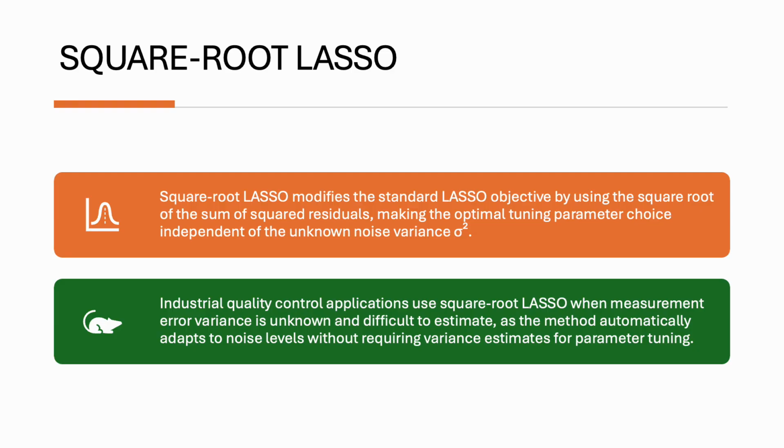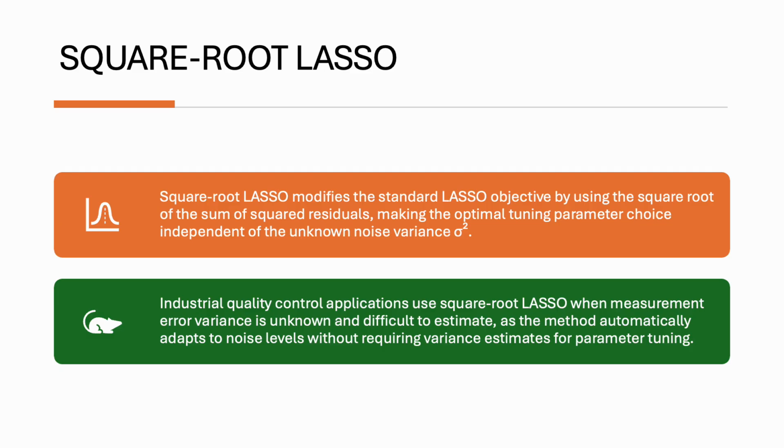Square root lasso. Square root lasso modifies the standard lasso objective by using the square root of the sum of squared residuals, making the optimal tuning parameter choice independent of the unknown noise variance, which is sigma squared.